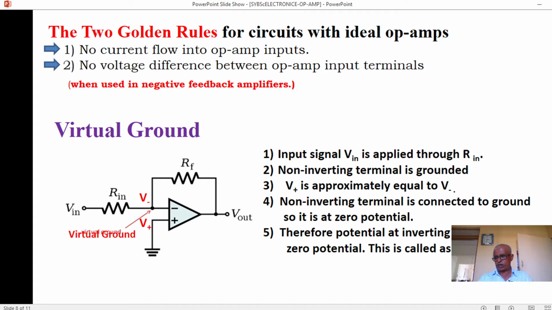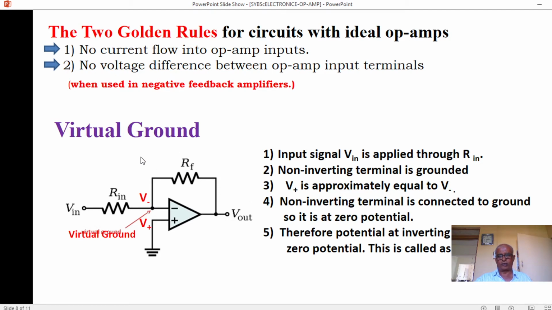To explain this virtual ground property, we have to consider the circuit diagram as shown here. In this case, the positive terminal, that is the non-inverting input, is grounded, while the input V in is connected through resistance R in to the inverting terminal, and there is a feedback resistance connected between the output terminal and the inverting terminal.